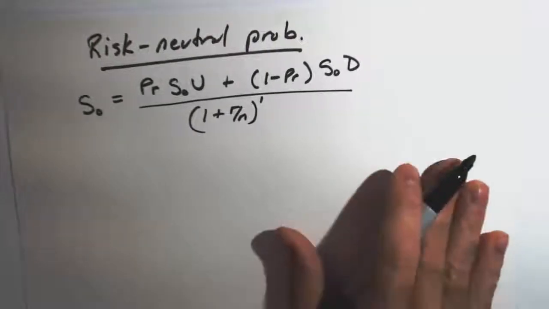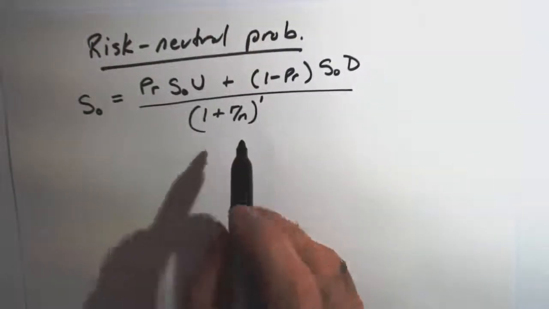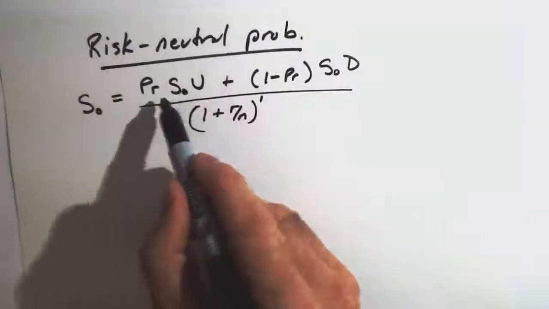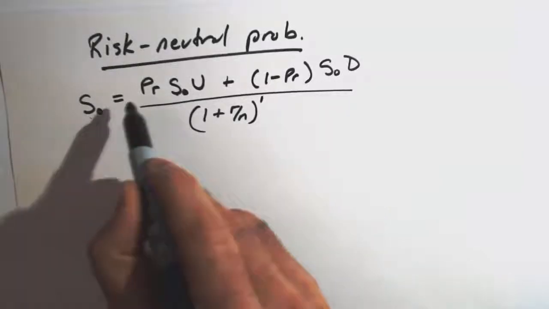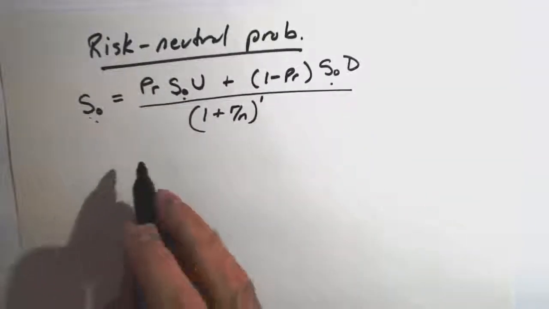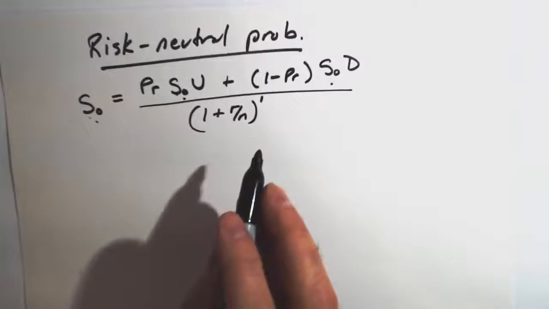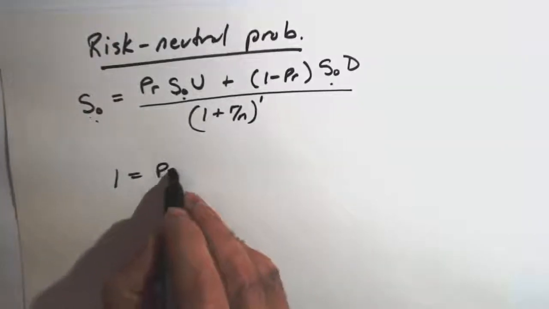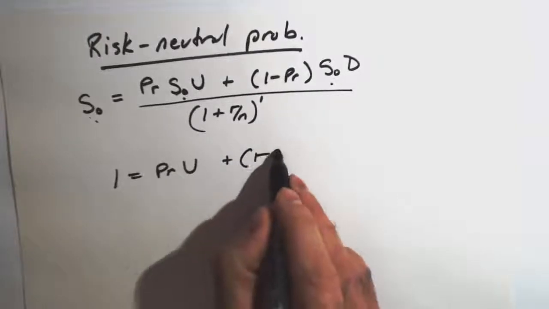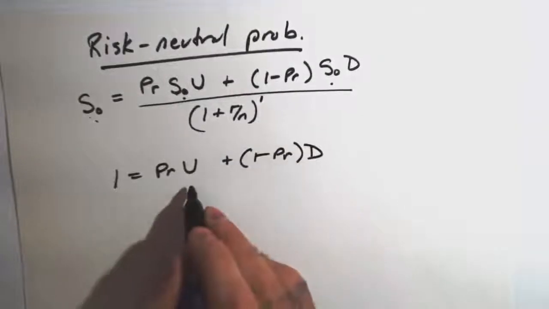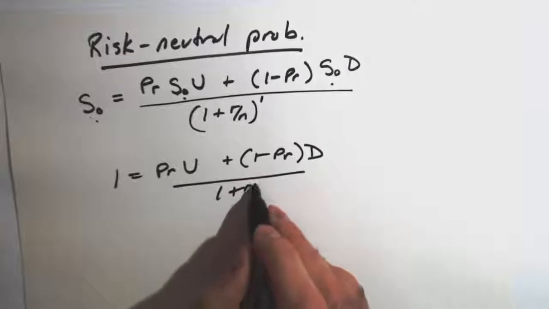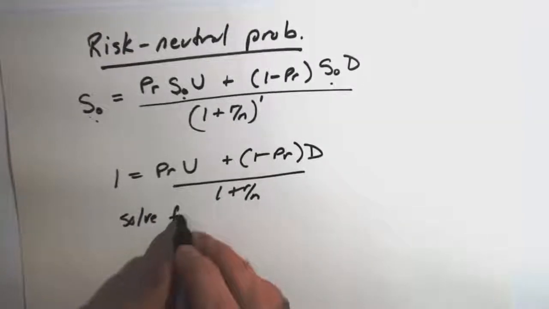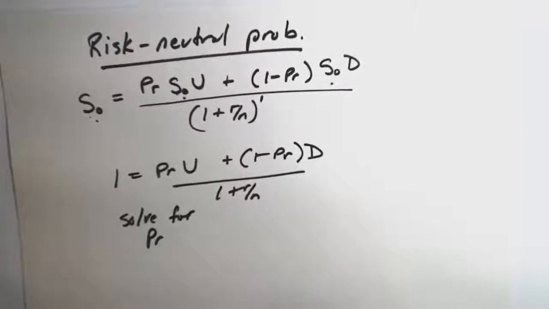Okay, so if we look at it this way, when you look at this math, why don't we cross out the S's? Because S subscript 0 appears in each term, so if we divide both sides by S subscript 0, we get 1 equals the probability of up plus 1 minus the probability of going down, divided by 1 plus R to the N. Solve for PR.